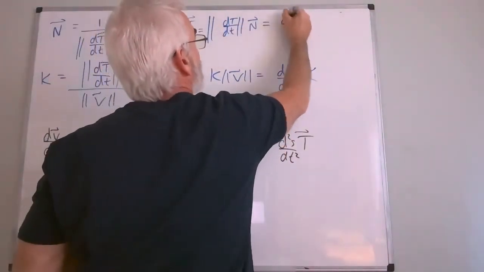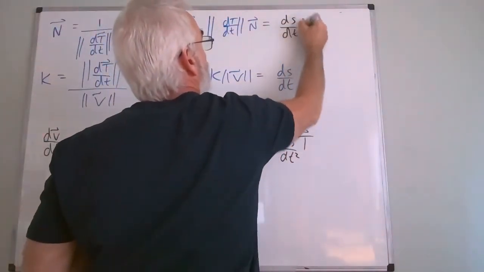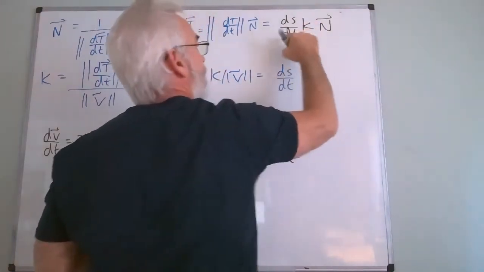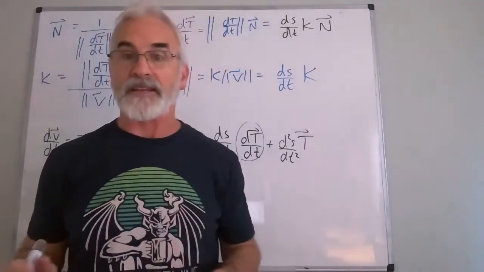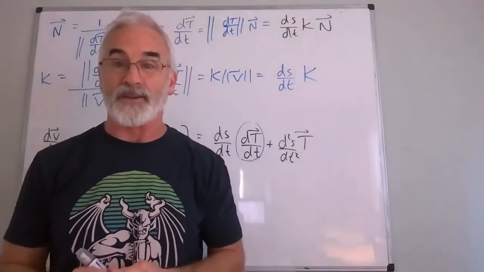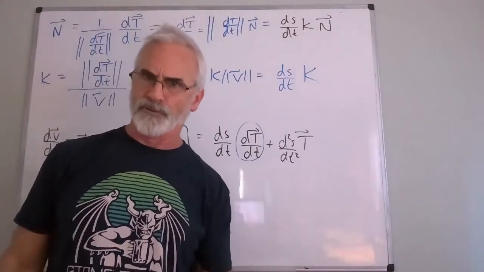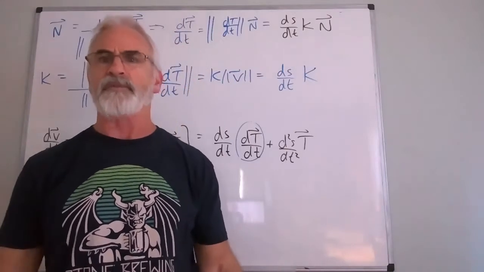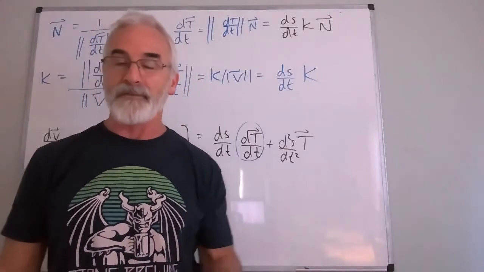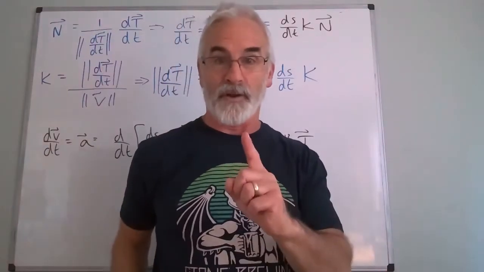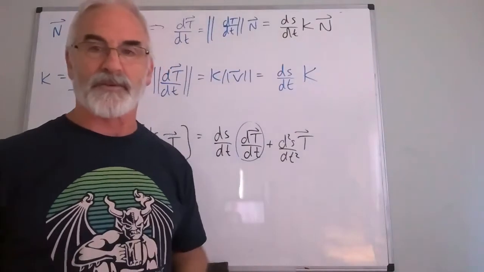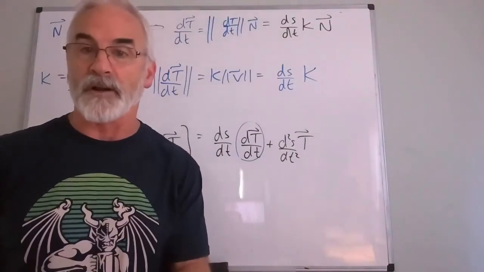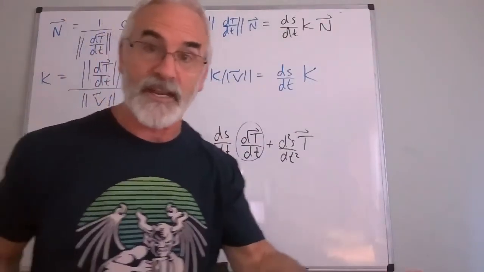So that means this is ds/dt times k times N. These are both scalar valued functions. When I say scalar valued functions, it means it's a function that when evaluated is a scalar. Aren't all functions when evaluated scalars? No, functions of more than one variable aren't scalars. If I have a function of more than one variable and I evaluate it at one variable, I still have a function of all the other variables. That's common in statistics and different things. We have a function of one variable, so when it's evaluated, it's now a scalar.